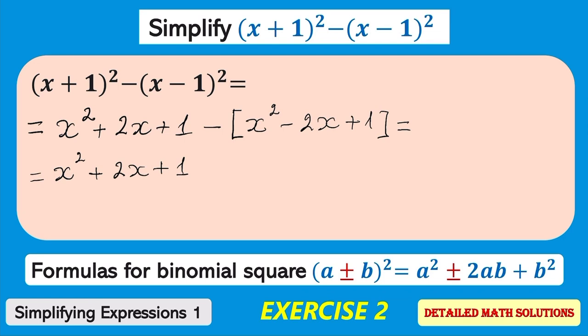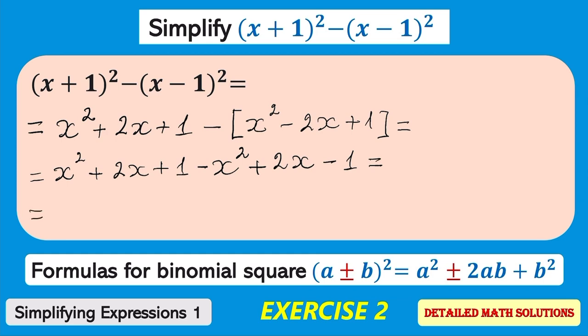In other words, x squared has a positive sign in front, therefore, with the negative, it will become negative x squared, or minus x squared. Then I have plus 2x, and then negative and positive, which gives me negative 1.